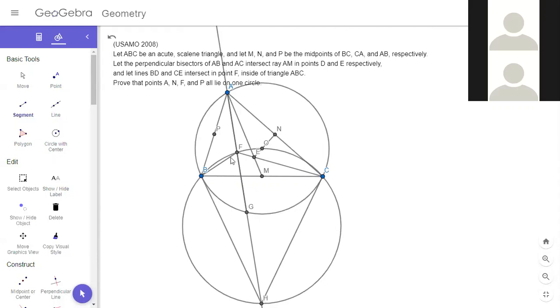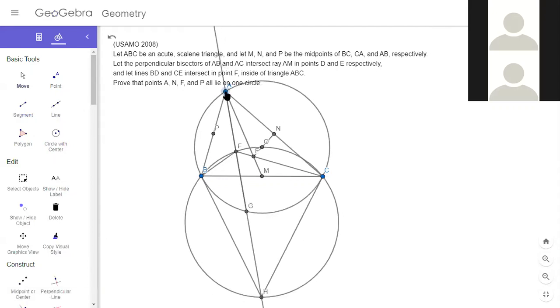Wait, is that actually true? I think it has to be. There are so many different things that I'm seeing, but we didn't know that BFOC was cyclic.